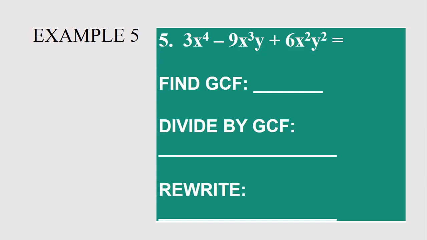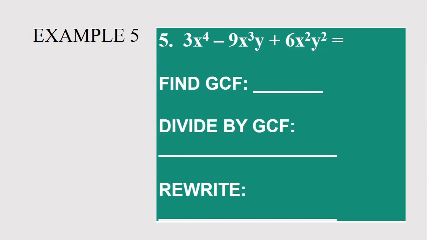She said x squared. The reason being that even though this one had an x to the 4, this one had x squared, so they have 2 in common. One has 2 more, but in common they both have at least 2. Does that make sense?